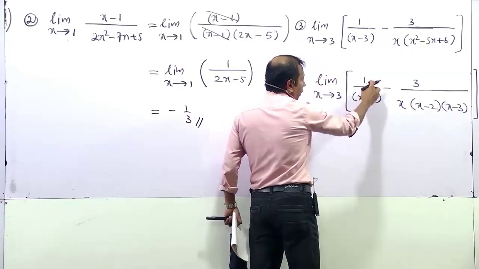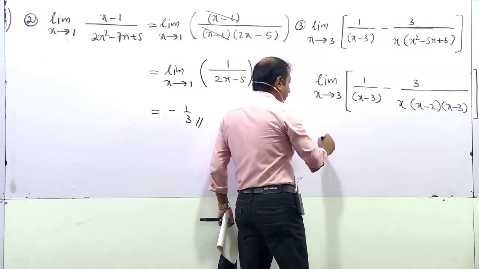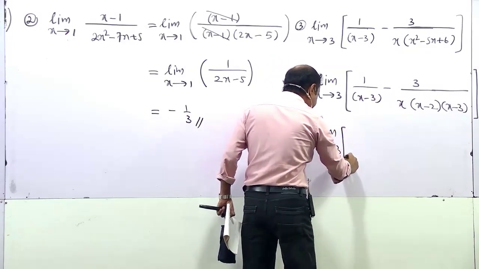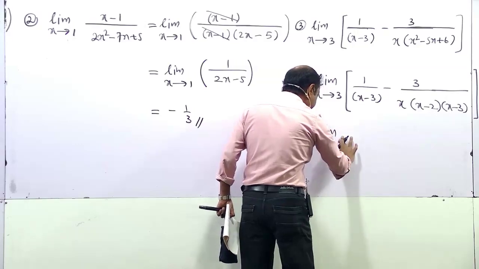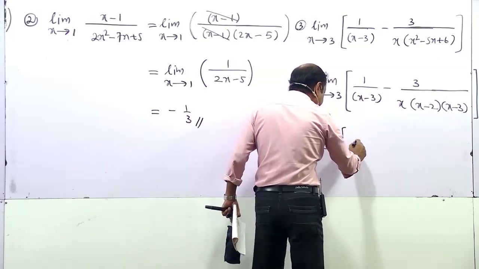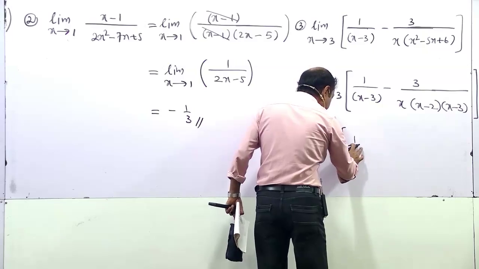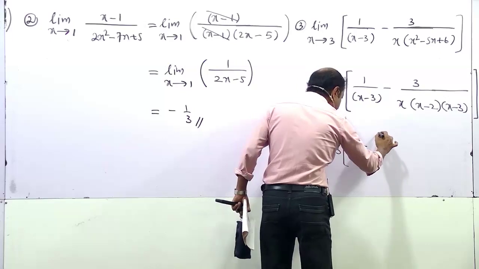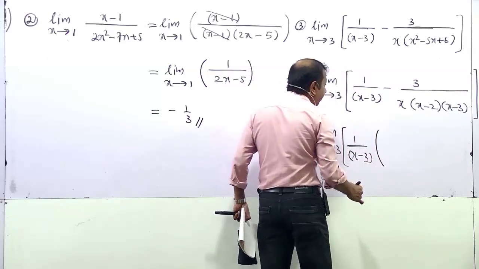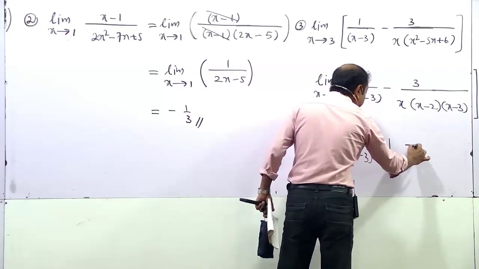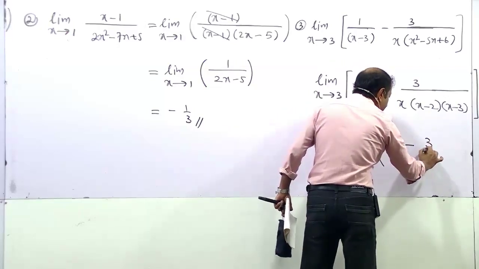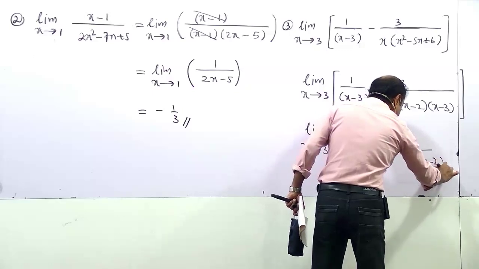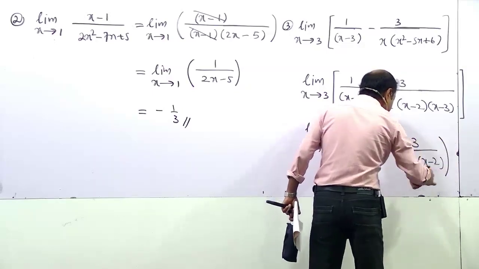Then this 1 over x minus 3 factor, you can take out like this. Can take x minus 3 out like this. Open a bracket now. Here we have now 1 minus 3 upon x times x minus 2. This way.